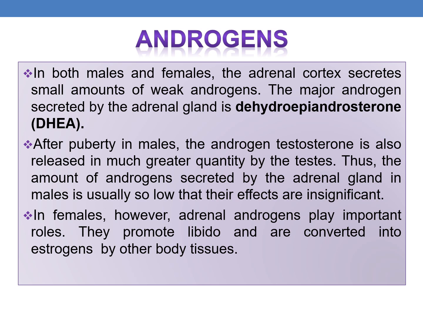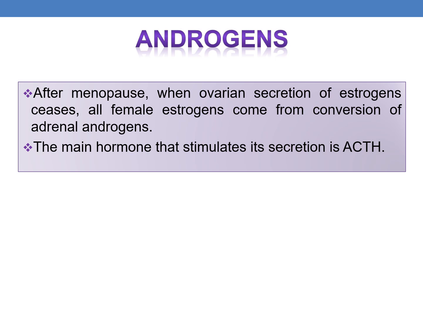Whereas in females, adrenal androgens play important roles. They promote libido and are converted into estrogens by other body tissues. After menopause, when ovarian secretion of estrogen ceases, all female estrogens come from the conversion of adrenal androgens. And the main hormone that stimulates its secretion is ACTH.